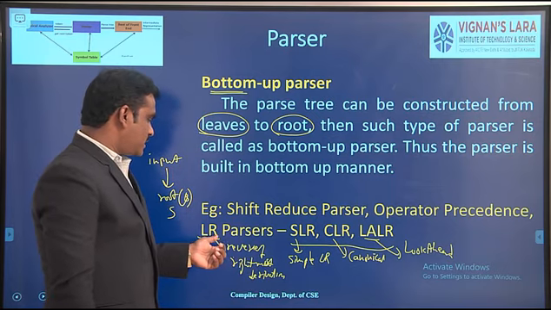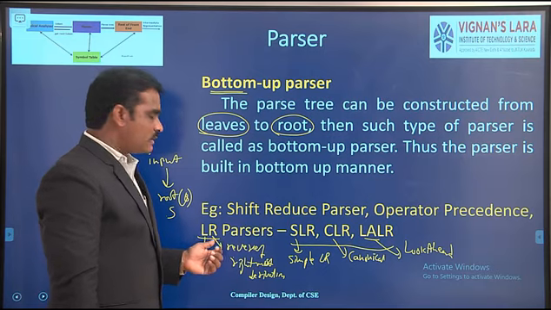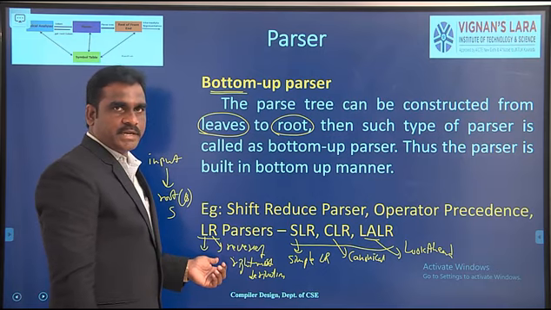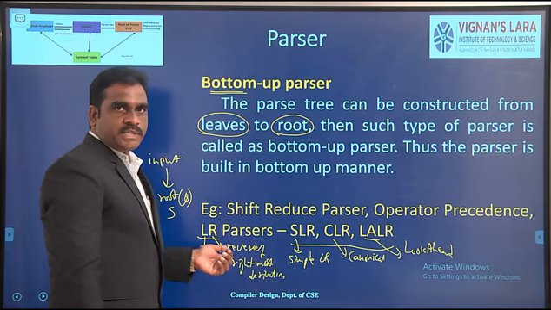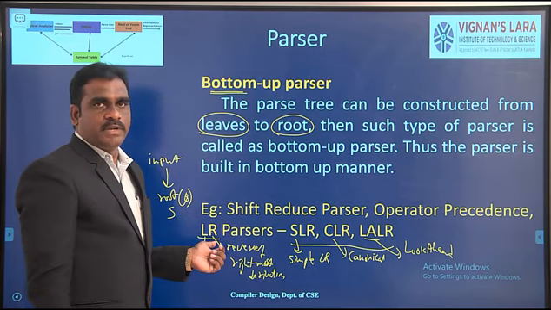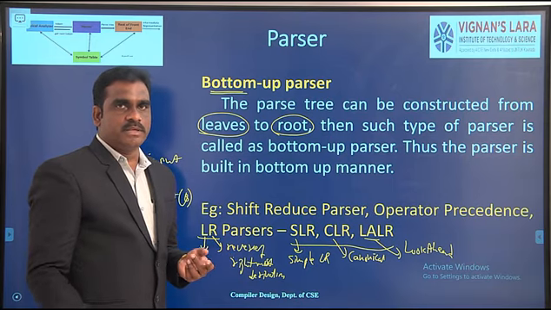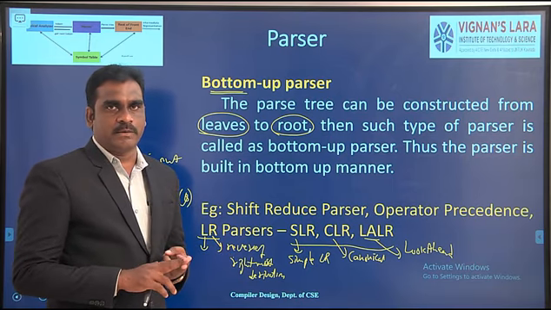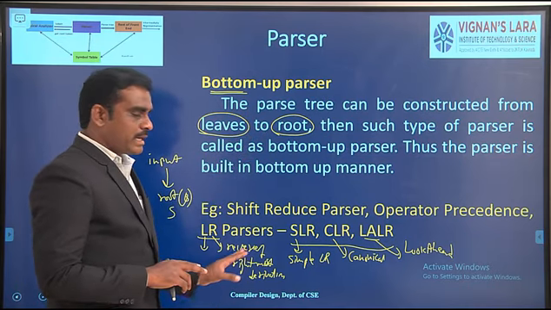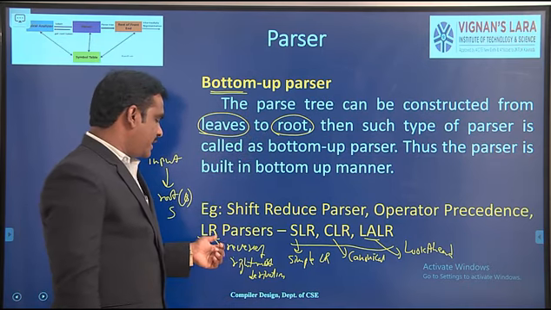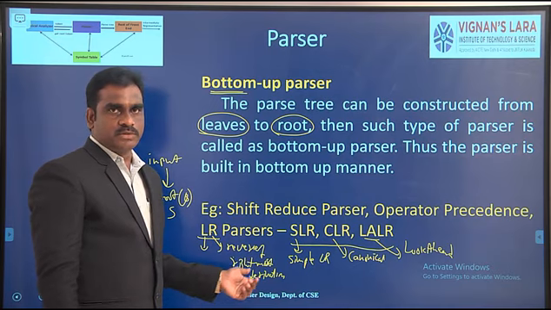So LR stands for: the first L indicates scanning the input from left to right, and R relates to the rightmost derivation, because in a context-free grammar we have two types of derivations. One is the leftmost derivation and the second one is the rightmost derivation. In bottom-up parser we are using the rightmost derivation. So here R indicates the reverse of rightmost derivation.